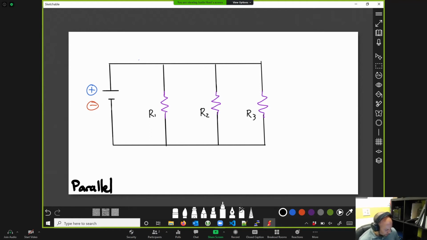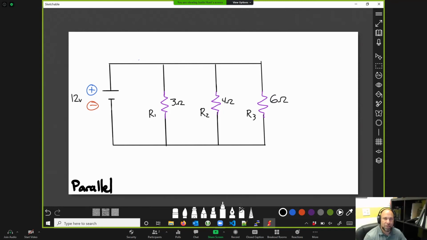Let's give some values to this guy. We're going to make this a 12 volt power source. 3 ohms on R1, 4 ohms on R2, and 6 ohms on R3.